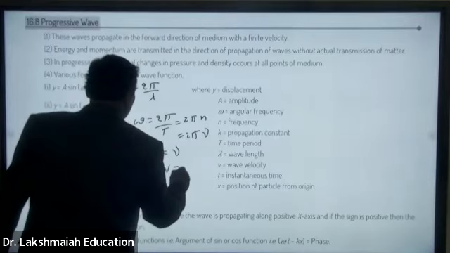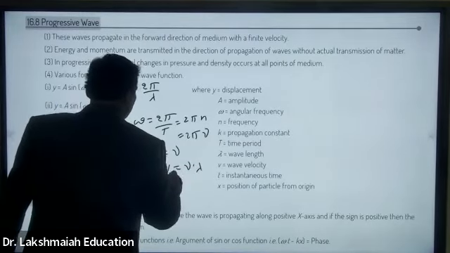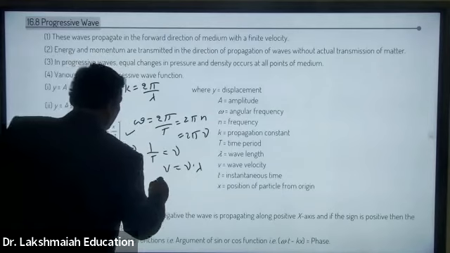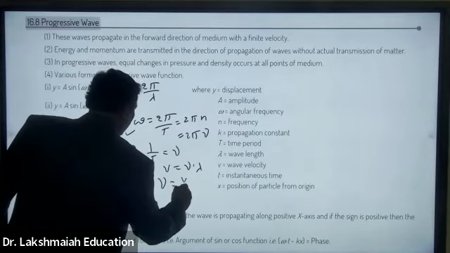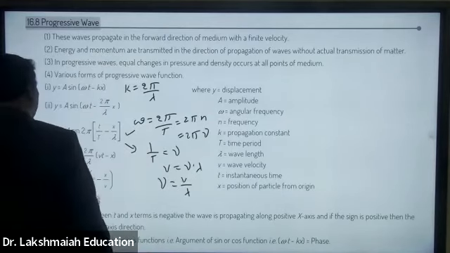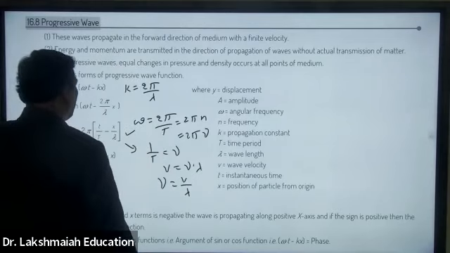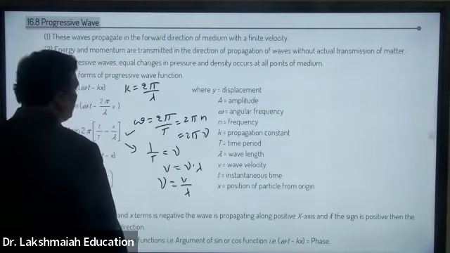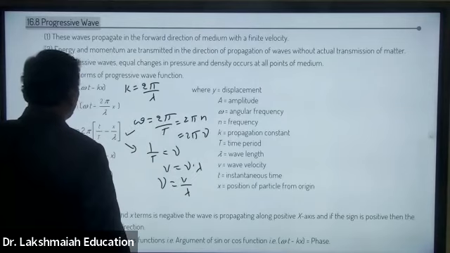So V is equal to nu lambda. This is V. V is equal to nu lambda. Nu is equal to V divided by lambda.